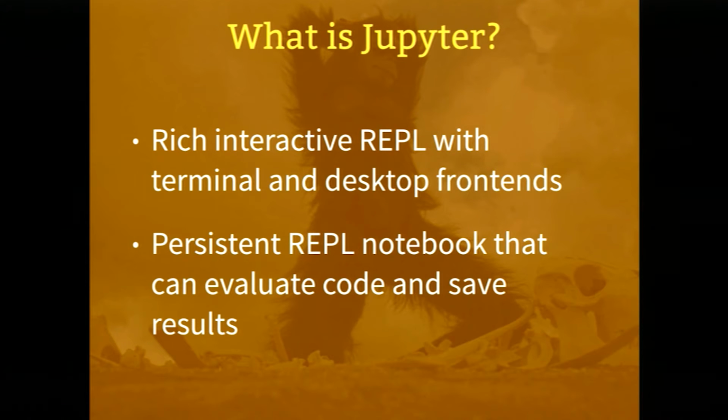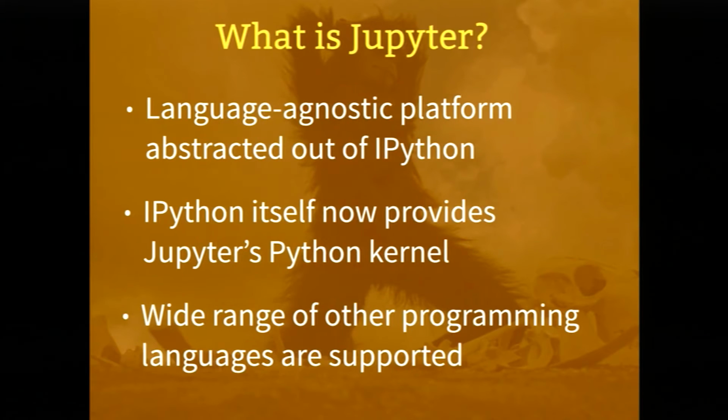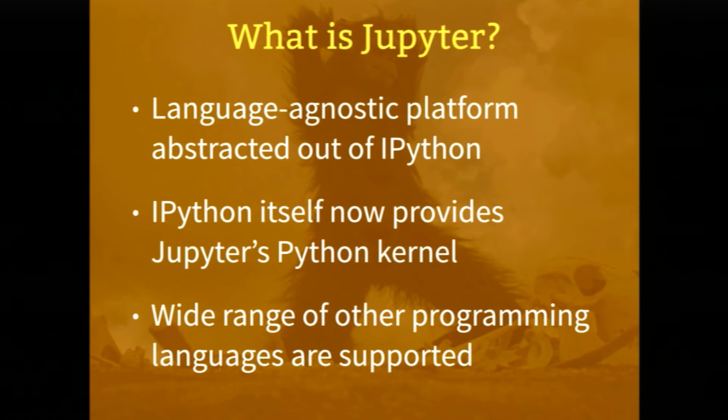Part of why they renamed it to Jupyter is because they wanted to evolve past this Python-specific environment. It's still all built with Python. They're using Tornado for the notebook and various Python frameworks, but they abstracted out this interactive REPL platform bit, and they made it so that you can use it with all kinds of different programming languages.